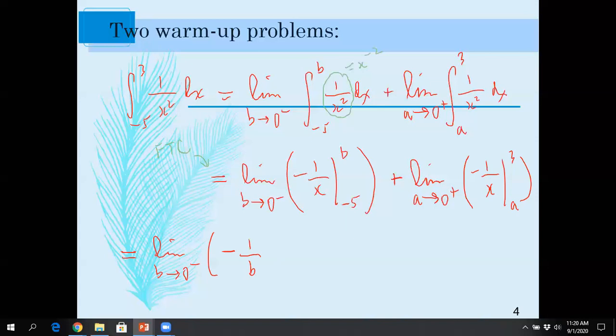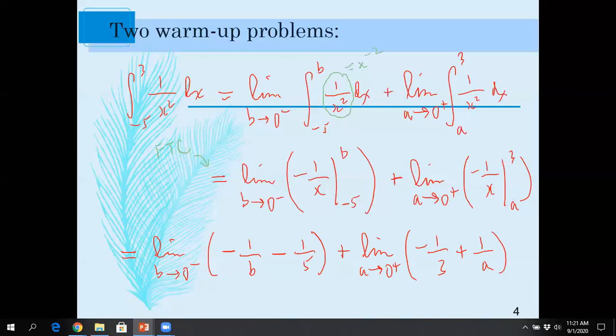So overall, what do I end up with? -1/5. Okay? Interesting. Plus what? Limit as a goes to 0 from the right of -1/3 minus negative, which is plus 1 over a.